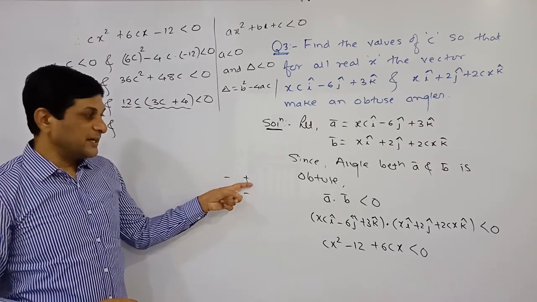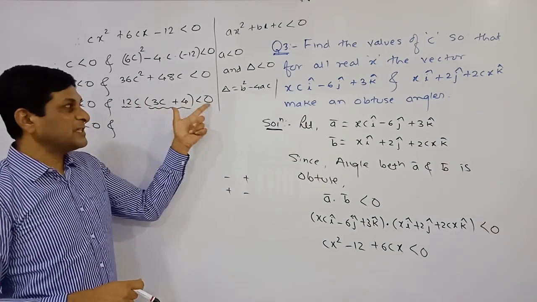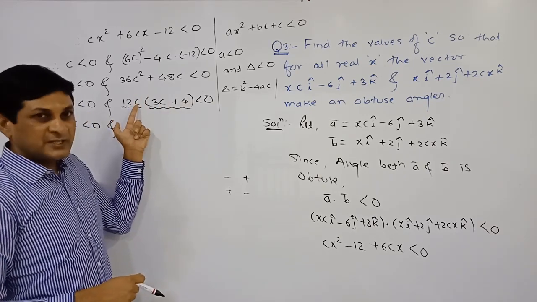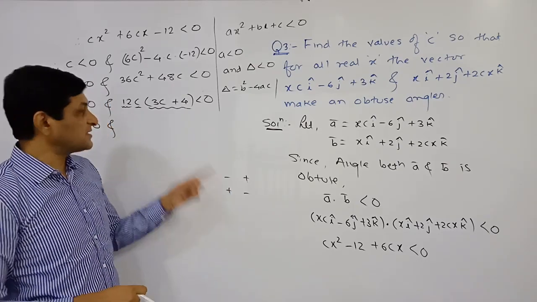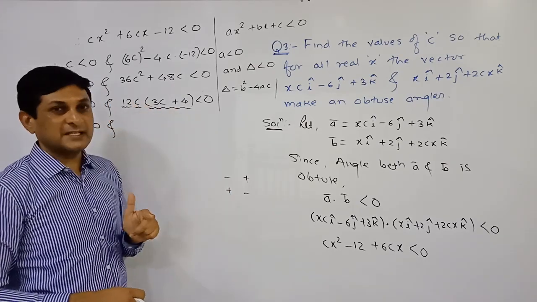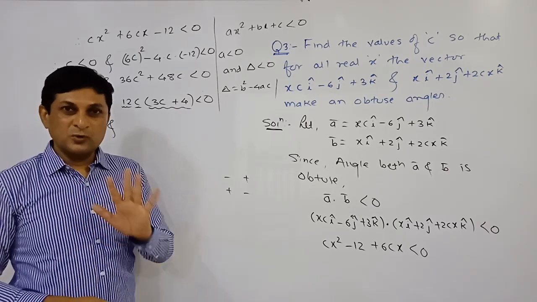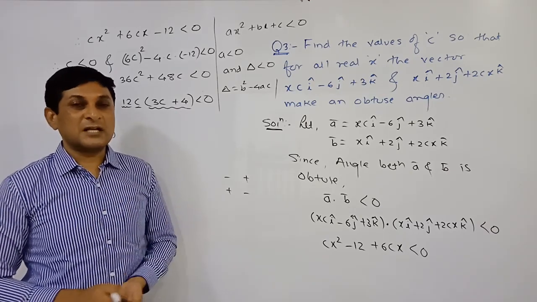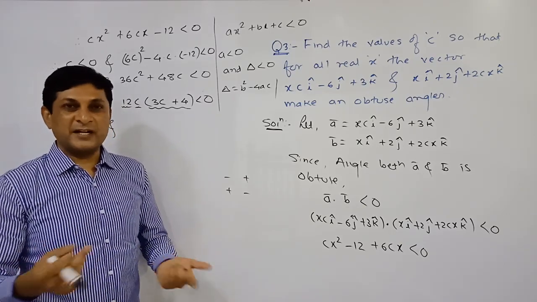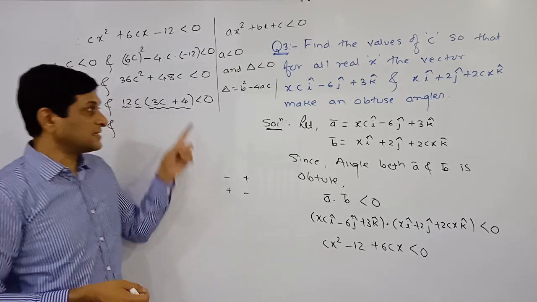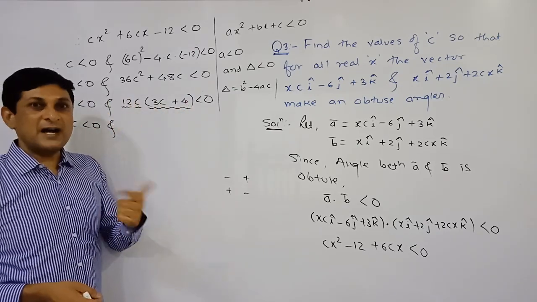Getting it? If the product of two numbers is negative, both numbers are of unlike sign. And if they are of like sign, then the product will be positive. As this product is negative, these two numbers are of unlike sign.